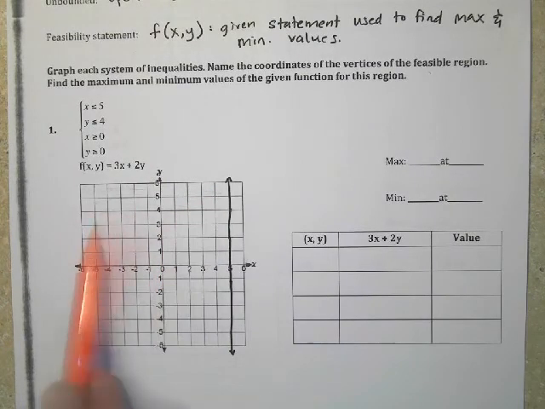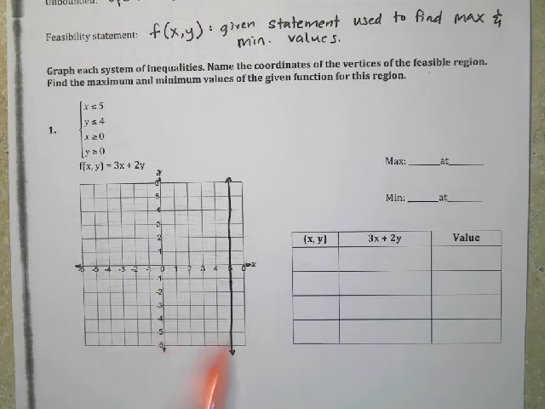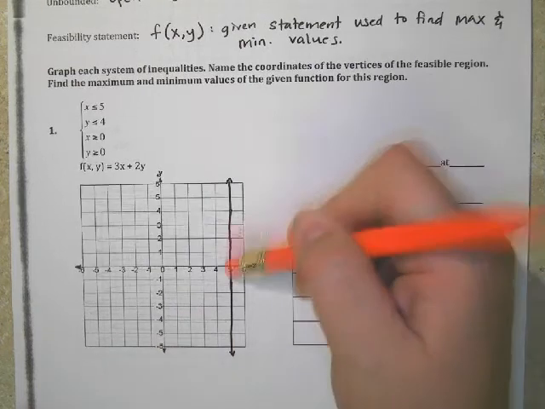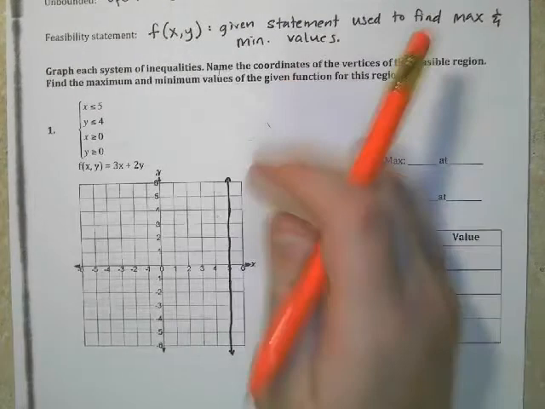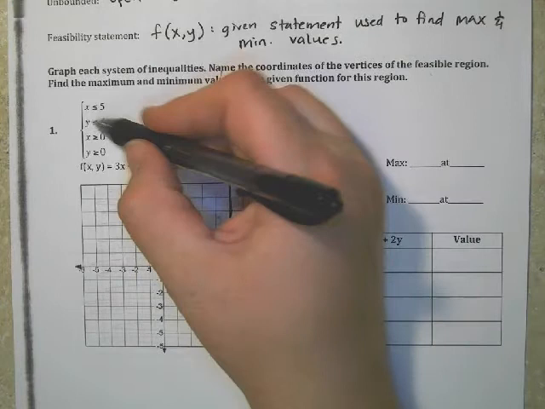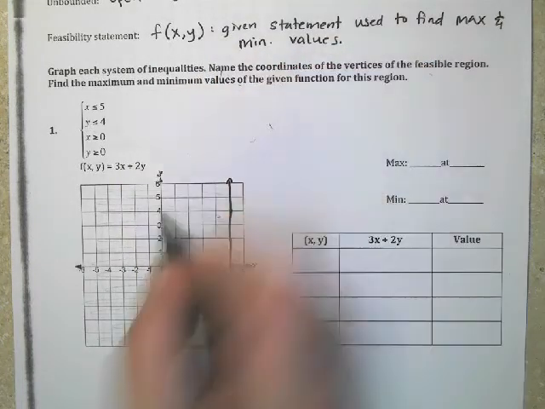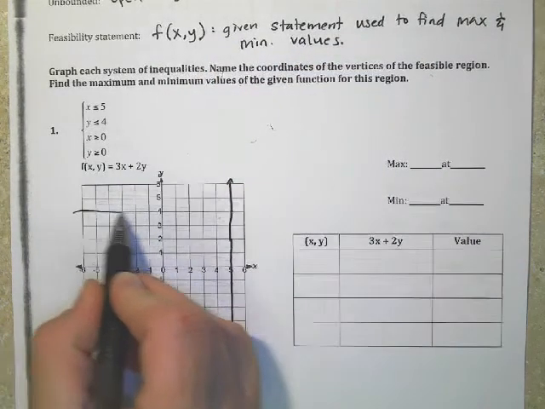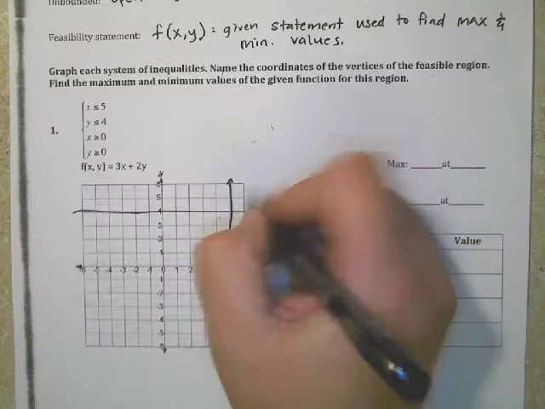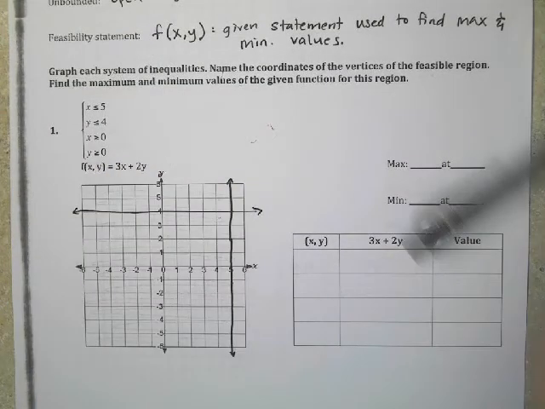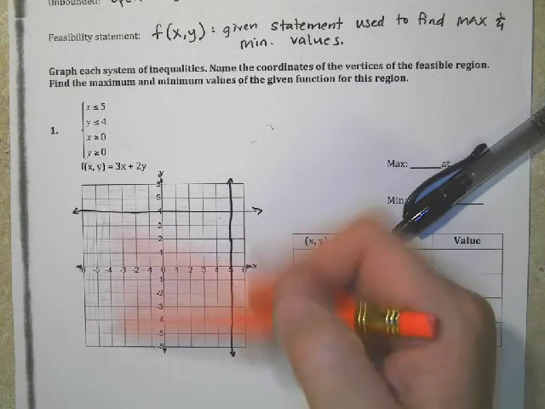So x is less than that. Okay, and then y is less than or equal to 4. So that goes through 4. So y is less than that.